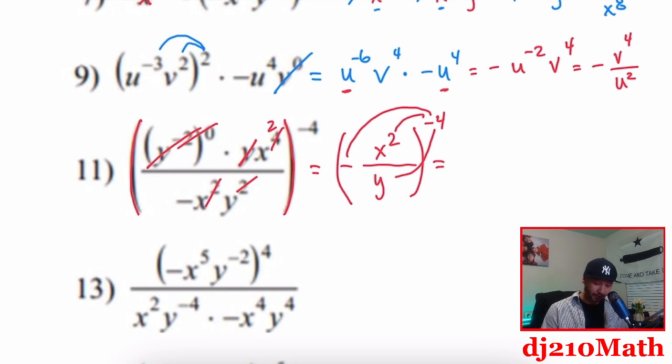So I don't even care about the negative in front anymore. We have x, 4 times 2 is negative 8, over y, again, negative 4. So we clear the negative exponents. The y will move up, the x will move down. So this is going to be y to the 4th over x to the 8.